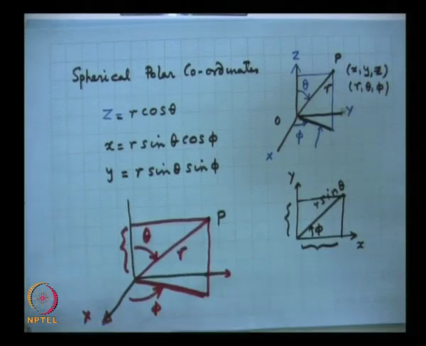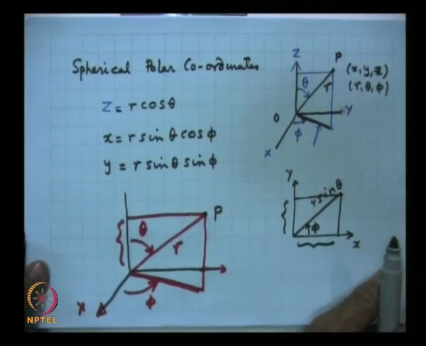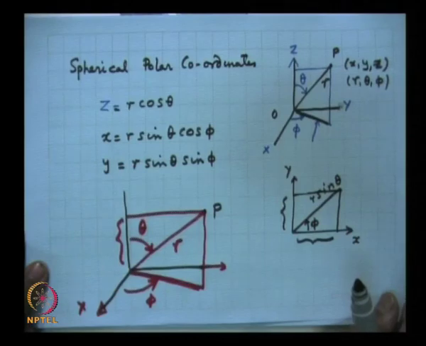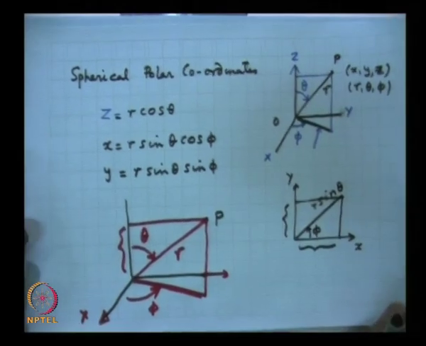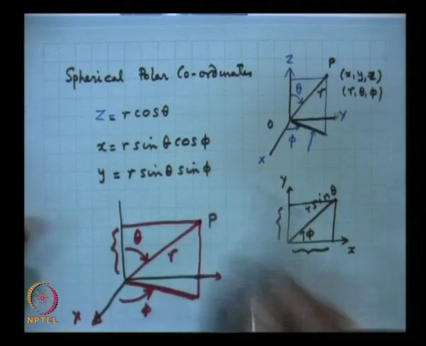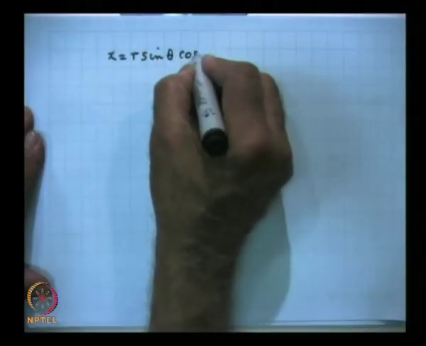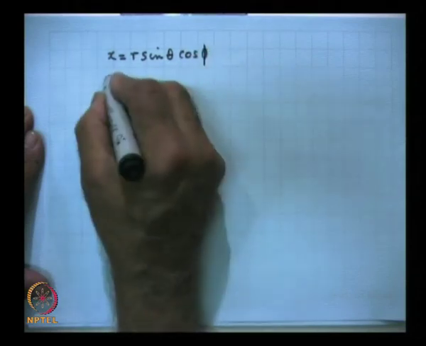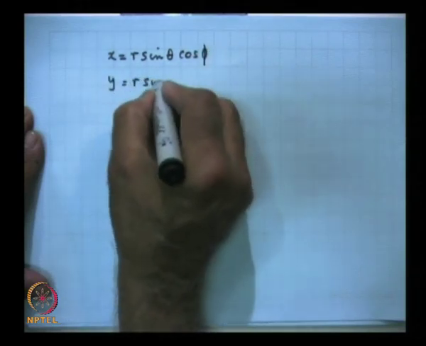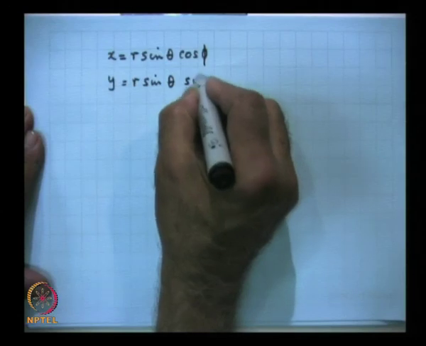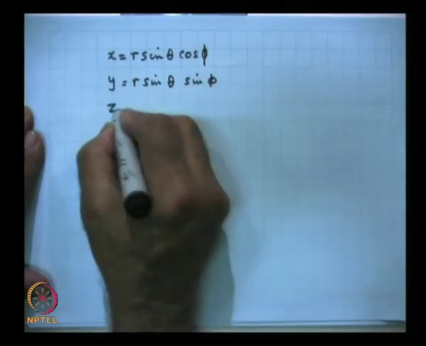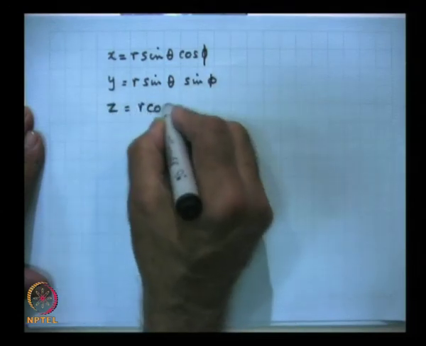Now, we will represent the angular momentum operators in spherical polar coordinates. So, let me rewrite this: x is equal to r sin theta cos phi, y is equal to r sin theta sin phi, and z is equal to r cos theta.